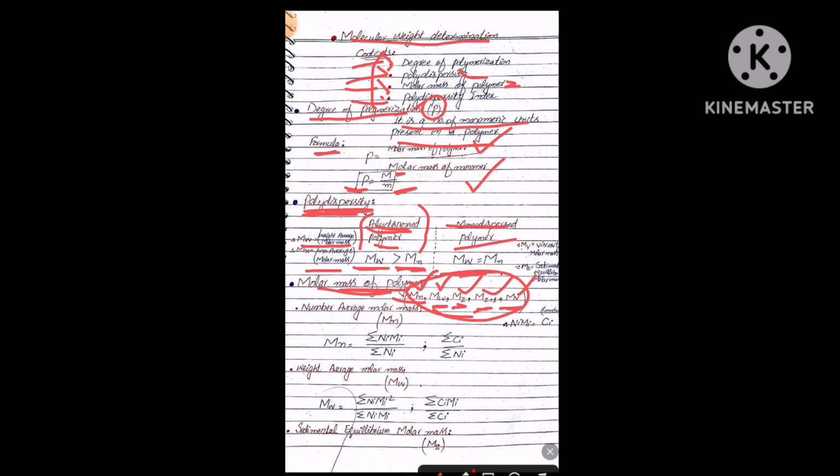The first one is the number average molar mass, or Mn. Mn is equal to the sum of Ni Mi over the sum of Ni.